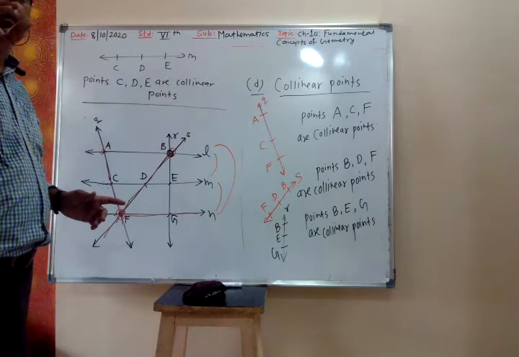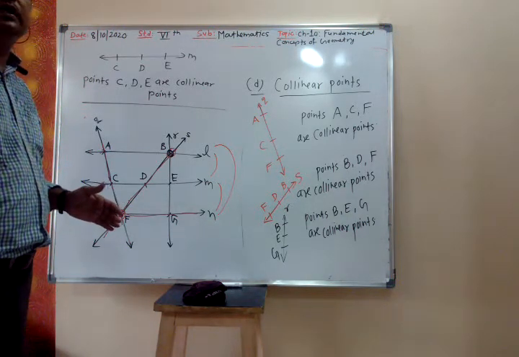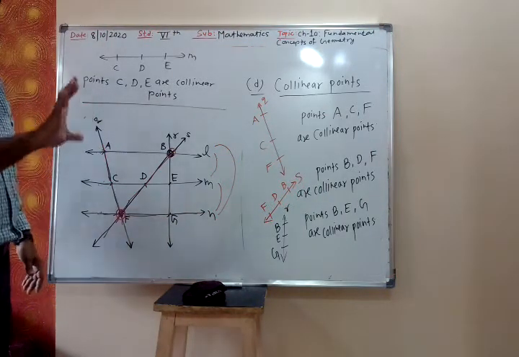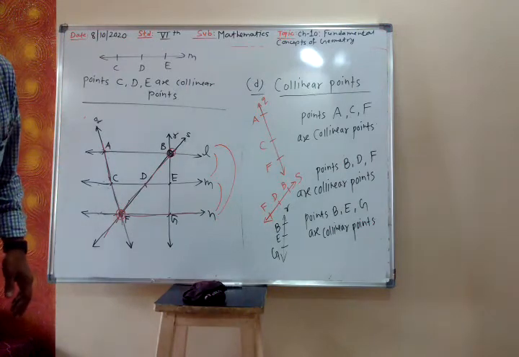Remember, for collinear points we want 3 or more than 3 points. On the line N there are only 2 points, so we will not talk about collinear points of N. Is it clear?